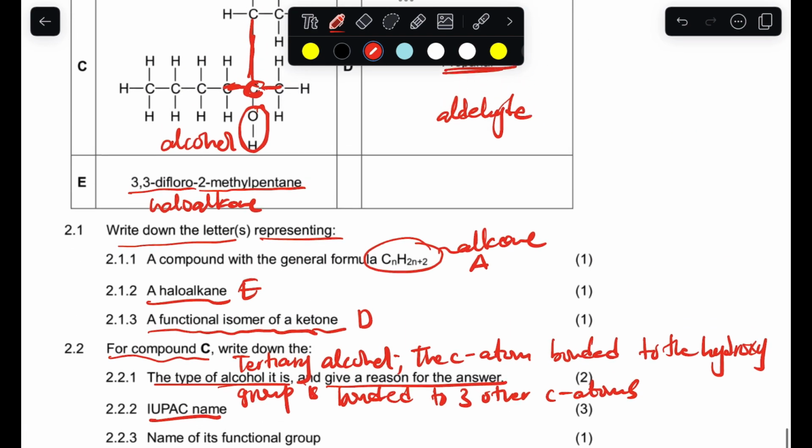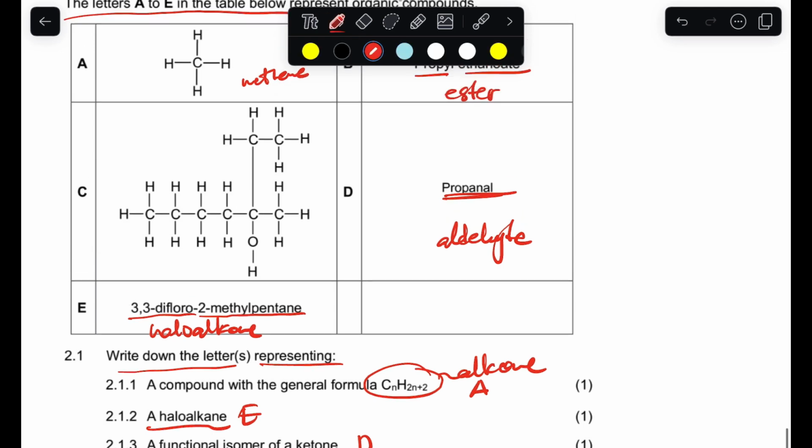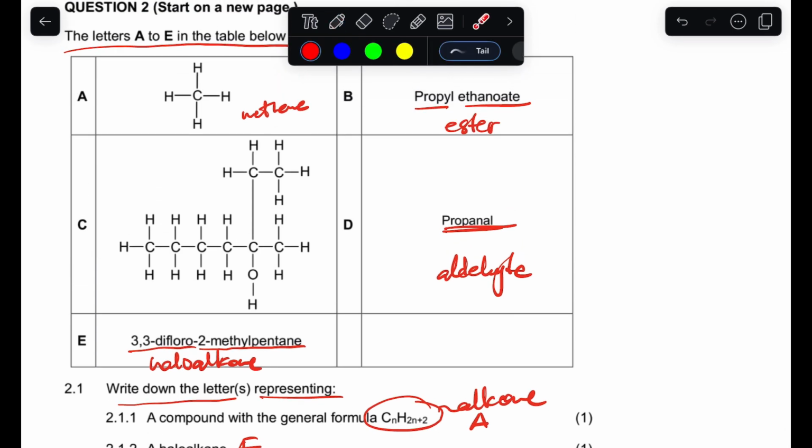The IUPAC name, let's go back to that. The IUPAC name of C, as we mentioned, is an alcohol. So let's look for the parent chain. I'm very bad at counting.